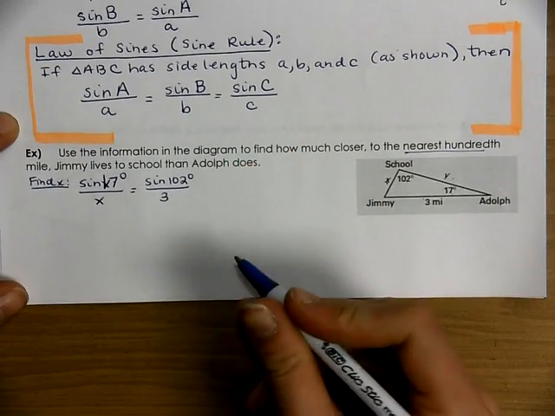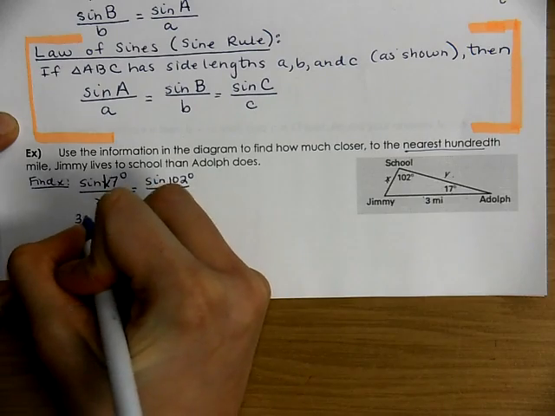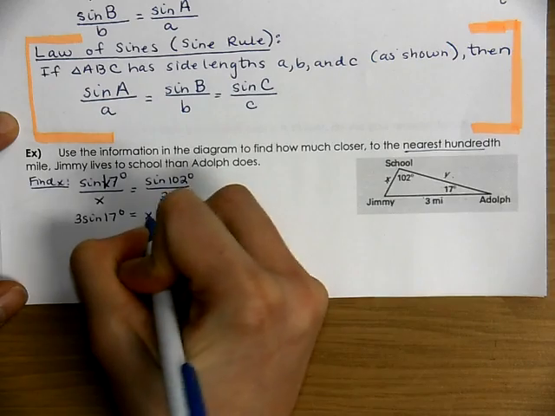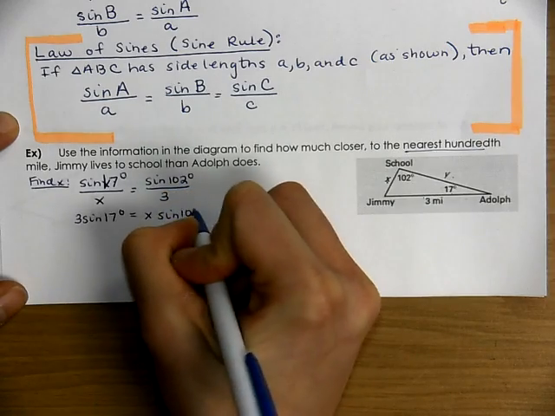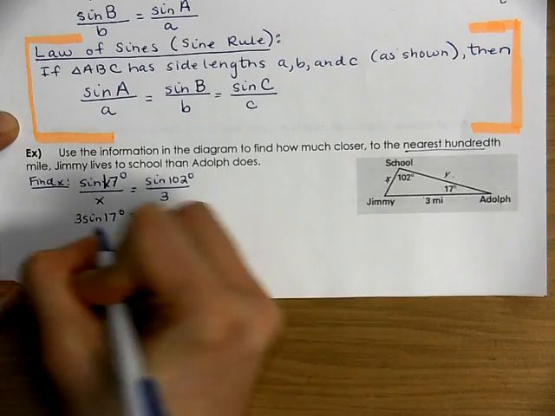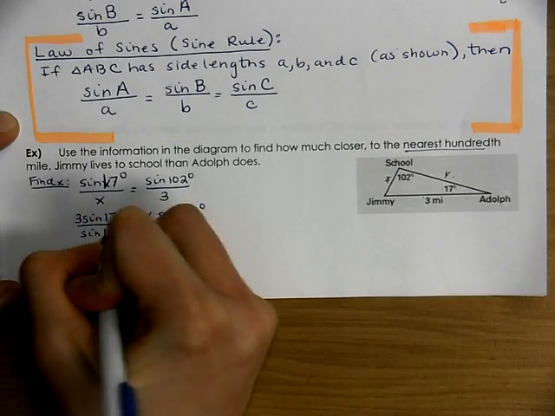When I multiply both sides by 3x, I get 3 sine of 17 degrees is equal to x sine of 102 degrees, and I just have to divide by sine of 102 in order to solve for x.